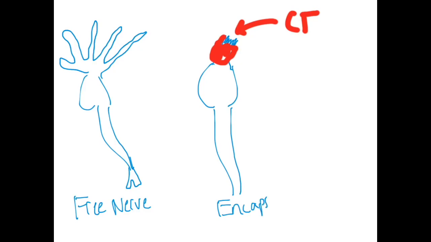So that's the difference of what we're looking at between a free nerve ending, where we just have these exposed dendrites, versus this encapsulated dendritic ending. And this is encapsulated in connective tissue. I accidentally said myelin, I meant connective tissue. This connective tissue up here, and this is going to be an encapsulated dendritic ending.